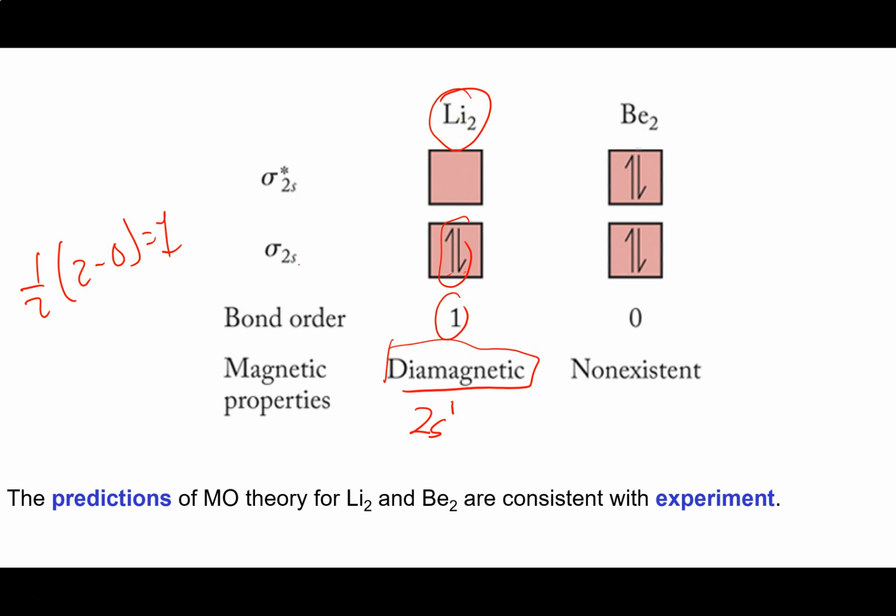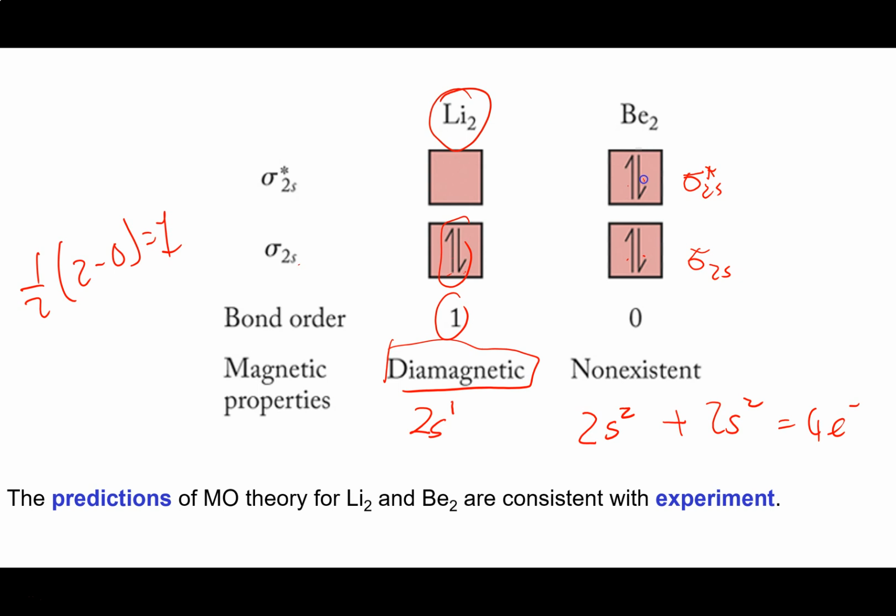Now, if I go to beryllium, beryllium is in group 2A, right next to lithium, and it has valence electron configuration 2s2. So if 2 of these guys come together, again their 2s orbitals will be overlapping, forming a sigma 2s and a sigma star 2s. But now I've got to put in 4 electrons.